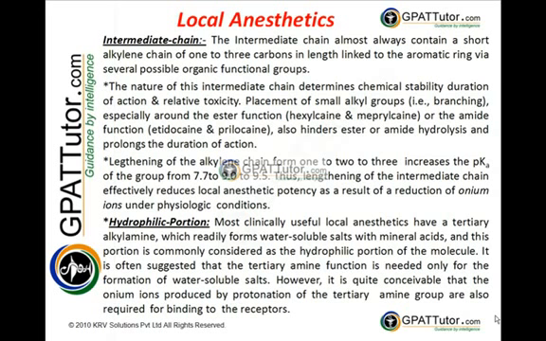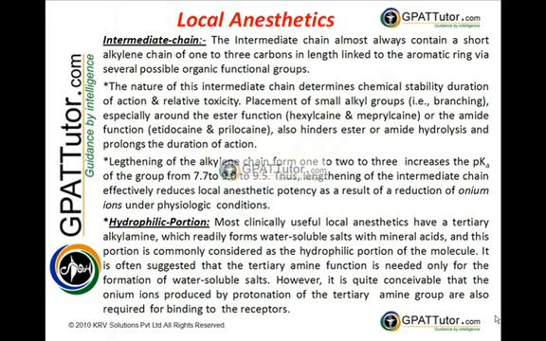Coming to the intermediate chain, the intermediate chain makes the compounds different. If it is a carbonyl type, then it is an ester group. Sometimes it is made up of CONH, that means amide type, which connects the hydrophilic and lipophilic portions of the local anesthetic molecule. Lengthening of the alkylene chain from 1 to 2 to 3 increases the pKa from 7.7 to 9 and 9.5.